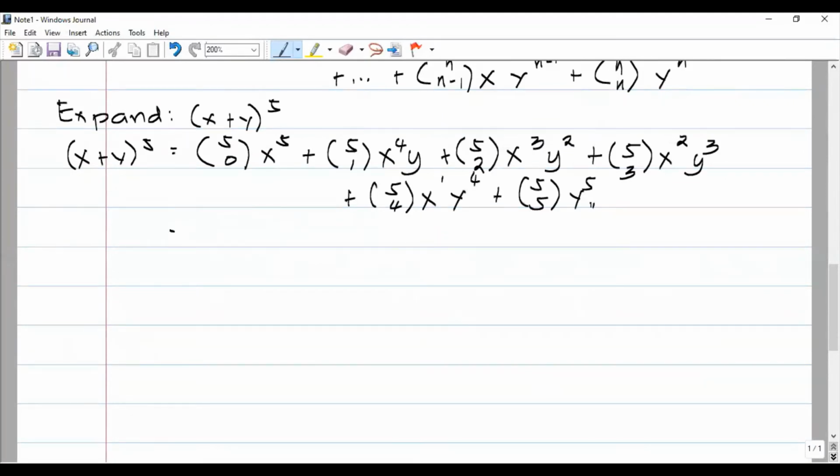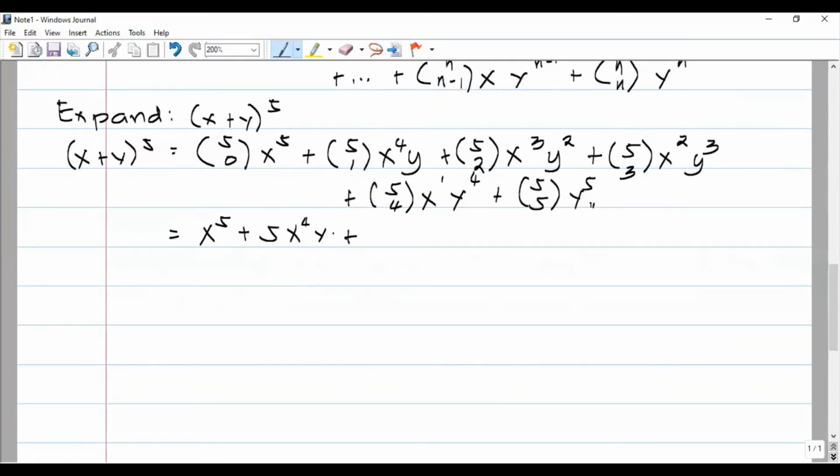the combination of 5 taken 0 at a time is 1 times x to the 5th is x to the 5th, plus the combination of 5 taken 1 at a time is 5 x to the fourth y.